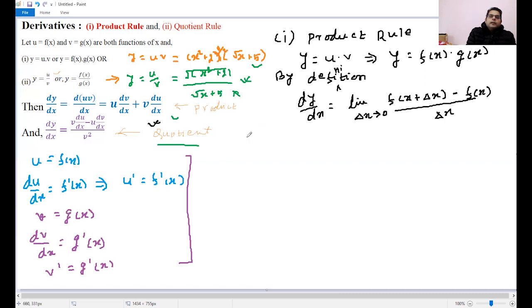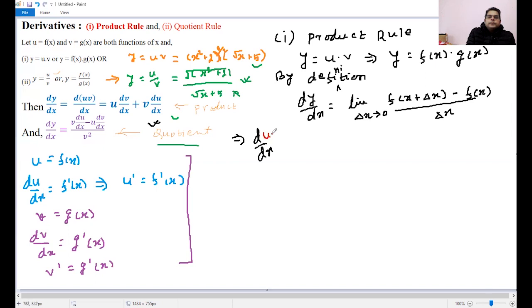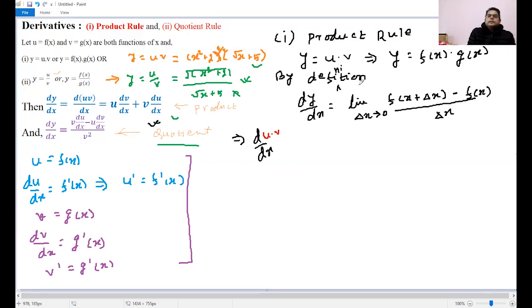But actually we are going to find d by dx, that is dy by dx, of the function u times v.